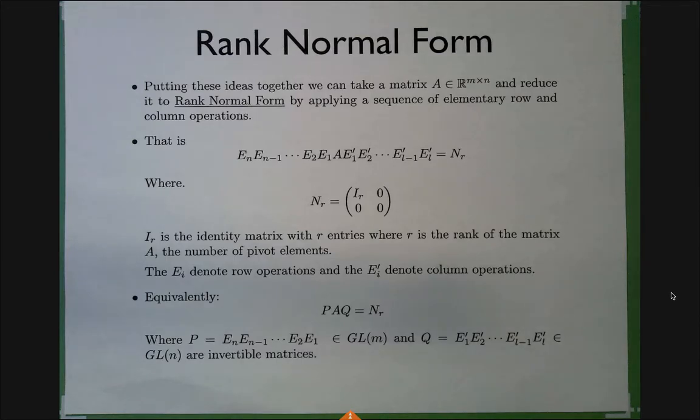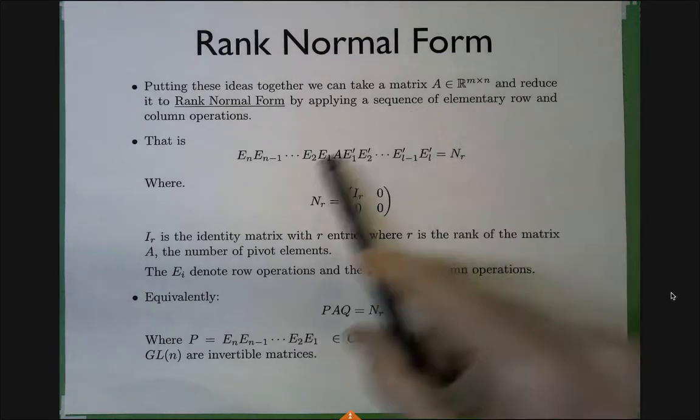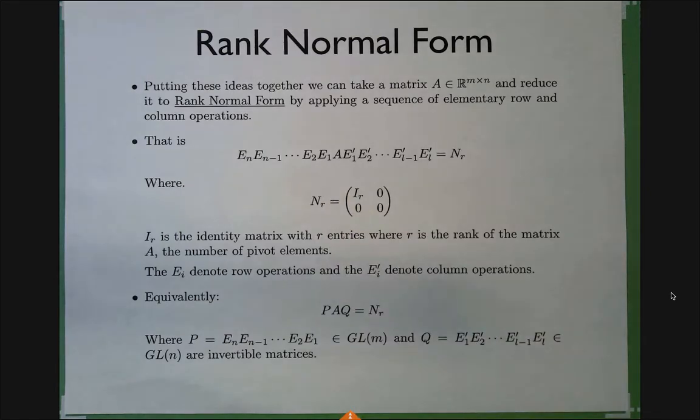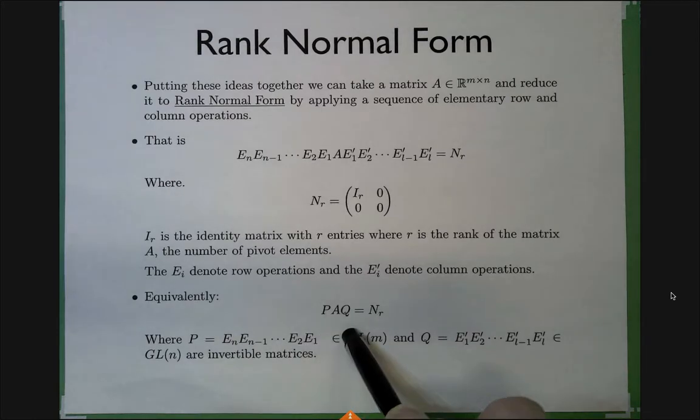It doesn't really matter that the matrices have exactly the same structure, except that these are m by m and these are n by n, and they are all invertible. So as you know from group theory, if I multiply them together, they stay invertible. So I can write that they are from GL(m) and GL(n). Okay, so that's how we can compute the rank.